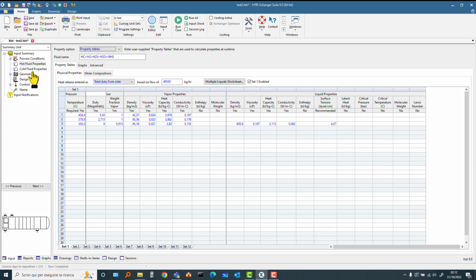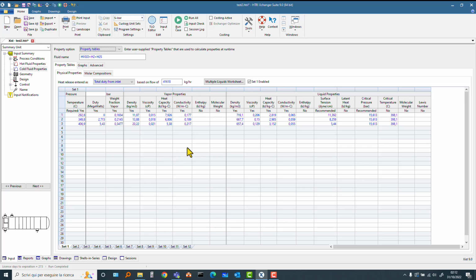And if we look at the cold fluid, we have also properties for hot fluid and cold fluid. Look, there is something more: molecular weight, critical pressure, surface tension. This is important for boiling or evaporating fluids.